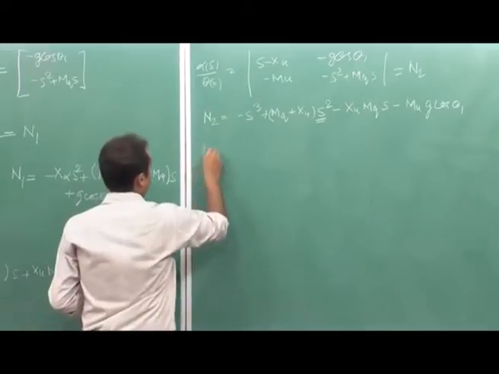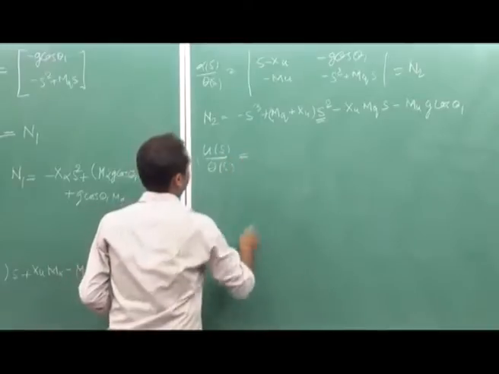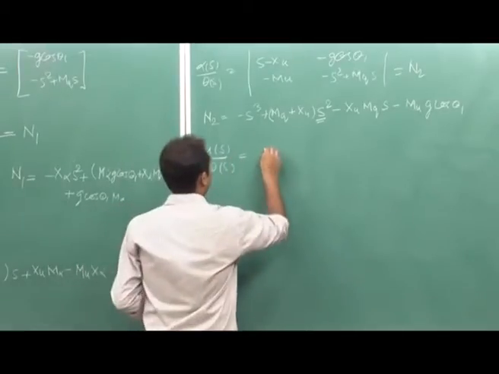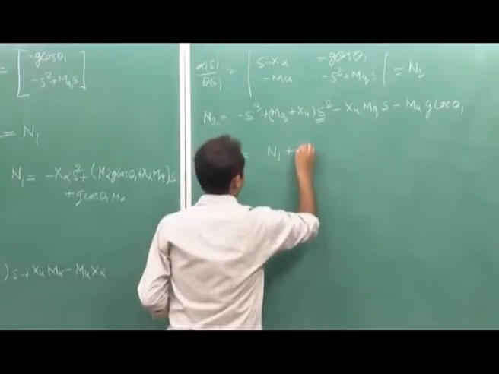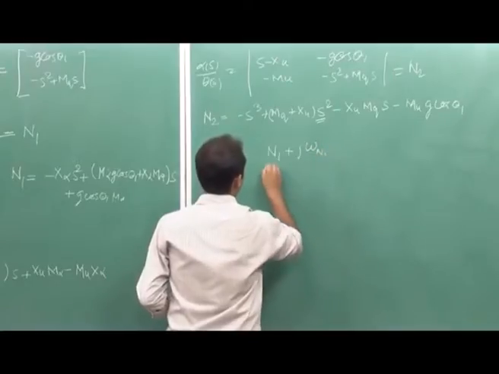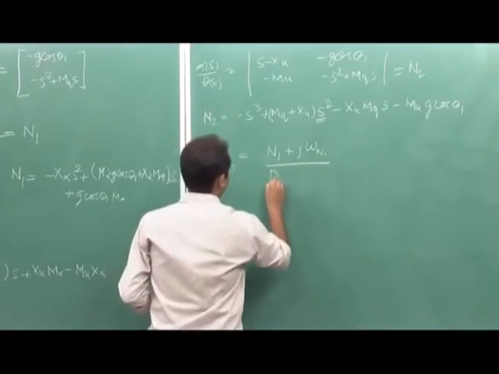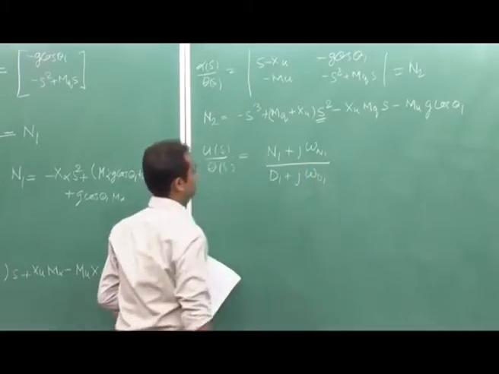Let u of s upon theta of s be in some form of complex number, say numerator N1 plus j omega N1 and D1 plus j omega D1.